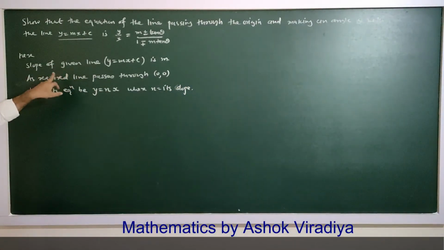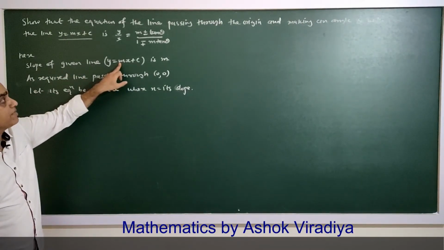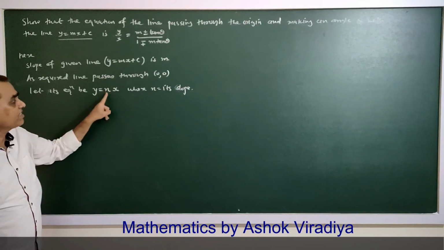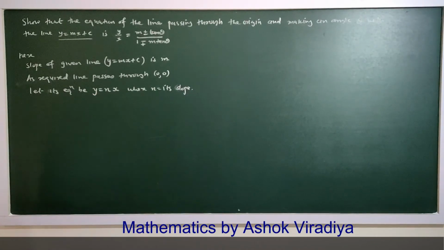Because m symbol is already used here, m is a given value, so we can't repeat the same symbol again in the same question. So we differ the symbol. Suppose n is slope of this required line.